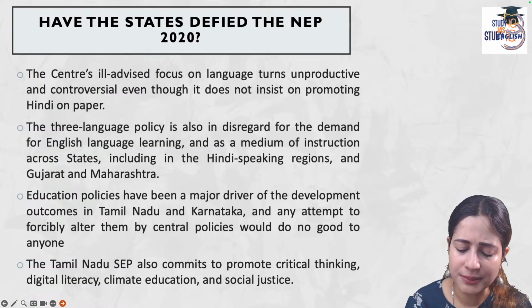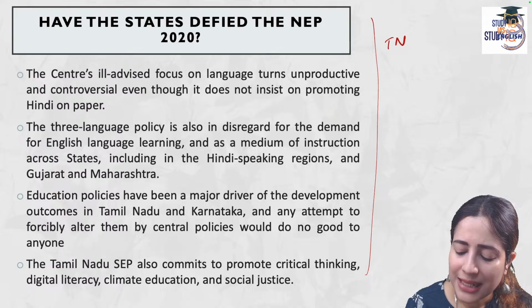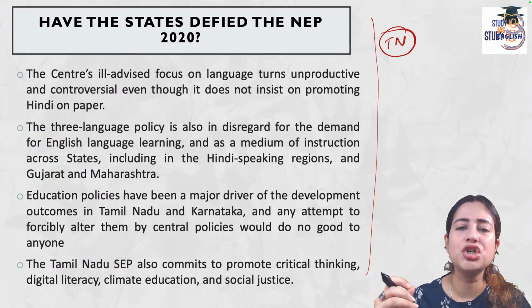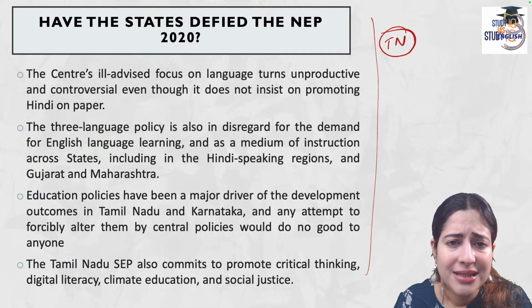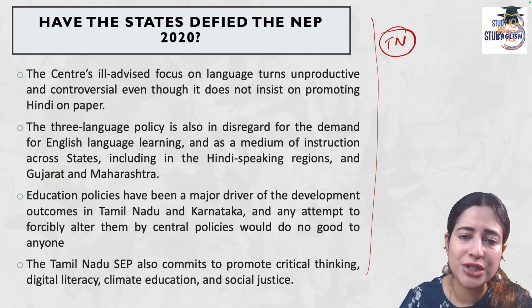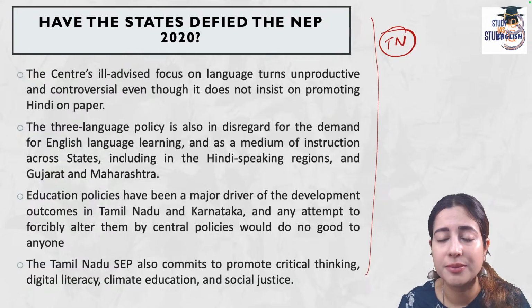So now let's see how this article talks about Tamil Nadu as a state with its own rich linguistic and cultural history. Today it says that we are not going to accept Hindi as a medium in schools. But this is not a new demand.